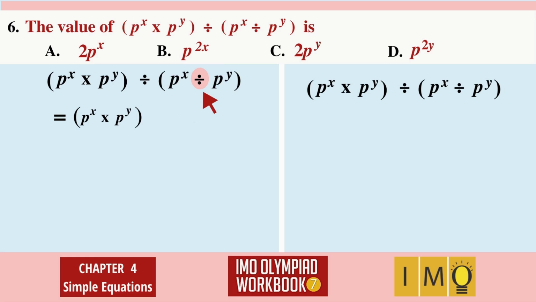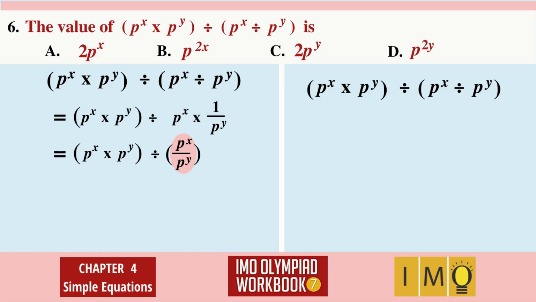We'll change the division to multiplication with the reciprocal. P to the power of x into 1 by p to the power of y. That becomes p to the power of x by p to the power of y.